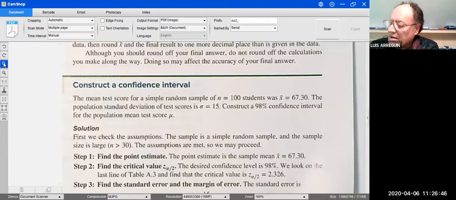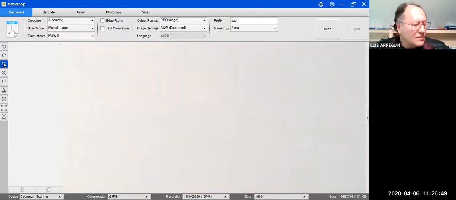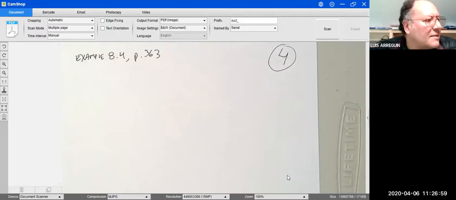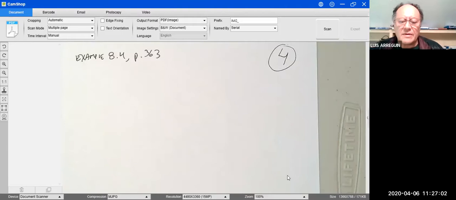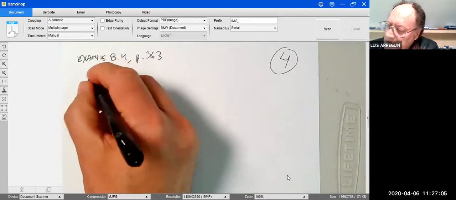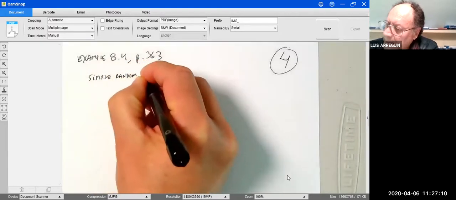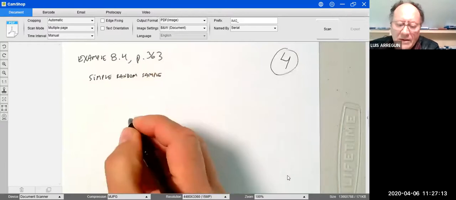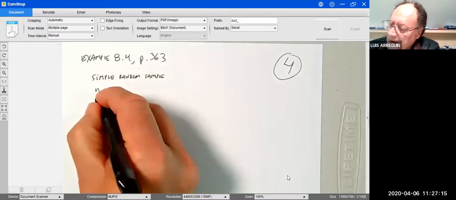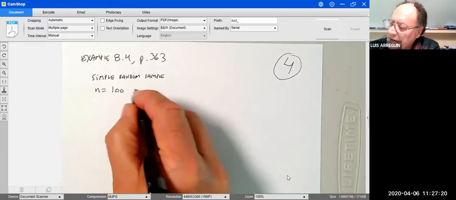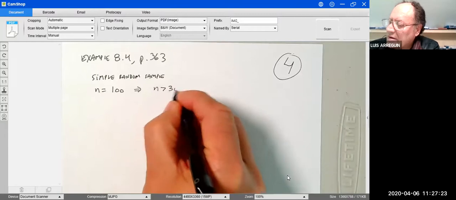So let's follow the steps I just mentioned before. I'm going to write the important things. We read simple random sample. And they also said that n equals 100. So that means that n is greater than 30.